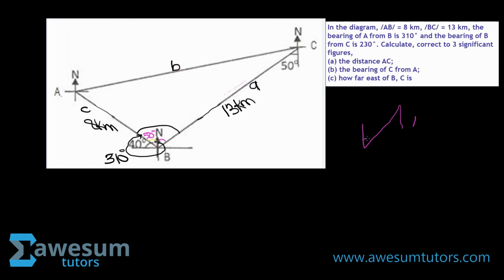And if you remember your alternate angles very well, you realize that this angle of 50 degrees is the same as this angle of 50 degrees. Why is that? Because alternate angles are equal. So we've gotten this side to be 50, and we also got this side right here to be 50.